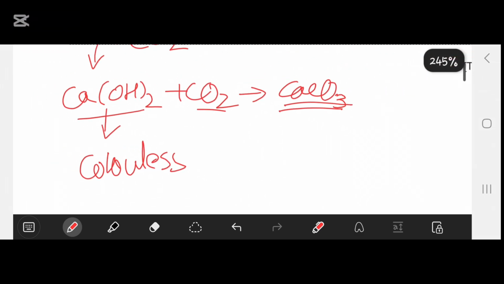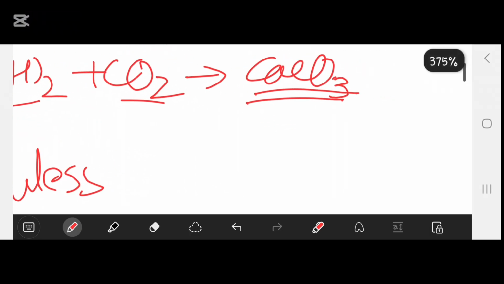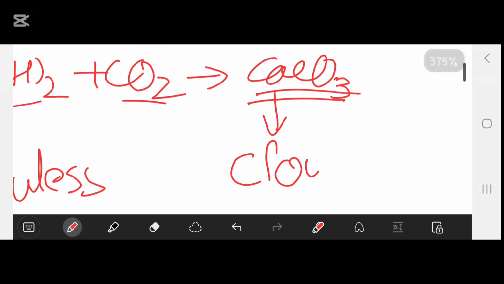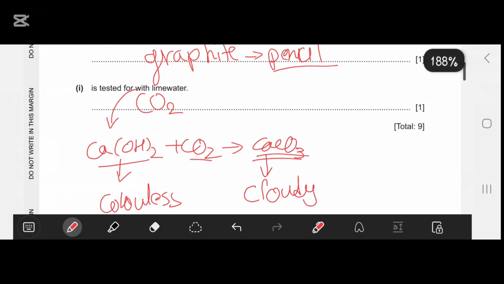When we bubble carbon dioxide through the solution, it will become cloudy. That cloudy color is calcium carbonate. This is a test for carbon dioxide gas, because carbon dioxide reacts with calcium hydroxide to produce calcium carbonate.